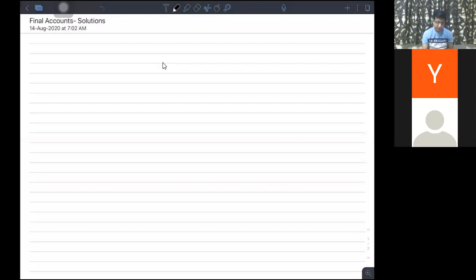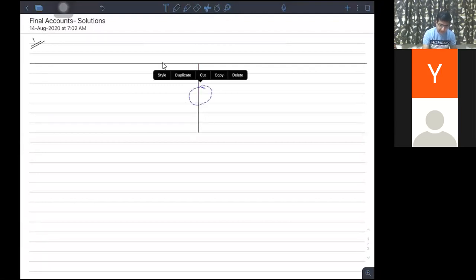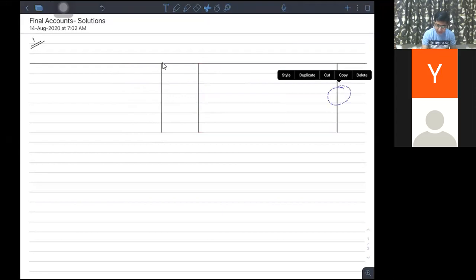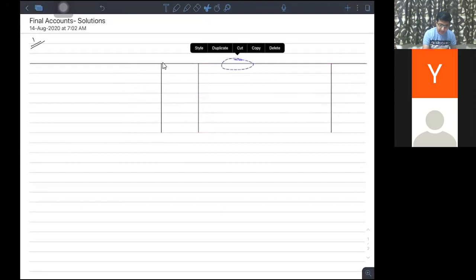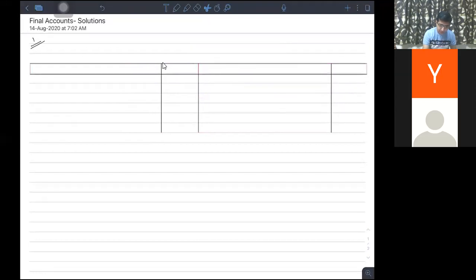This is question 1. For the sake of understanding, I'll prepare a separate trading account and a separate profit and loss account. However, practically we can prepare this together. Now here there are no multiple adjustments, so I'm preparing only a single amount column. Otherwise, generally we prepare an additional inner amount column.